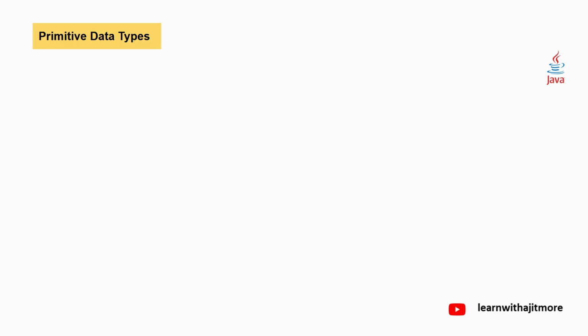Whatever memory is reserved, a direct name is given to that memory location and the value is stored in it. So that memory will be accessed directly by that name. You don't have to access it via some key or something.